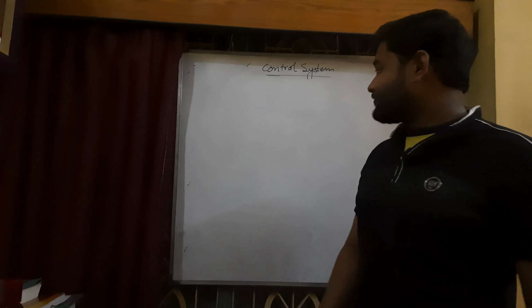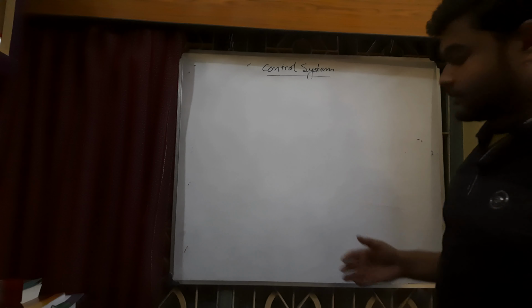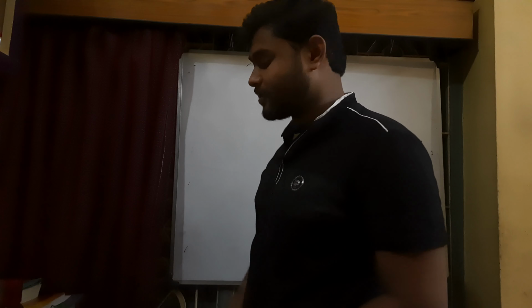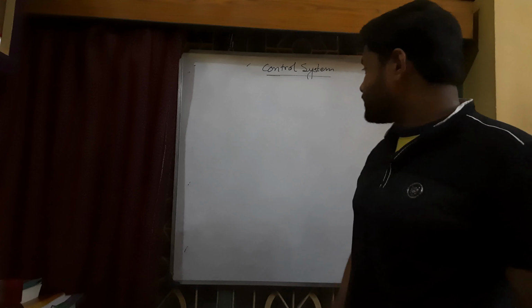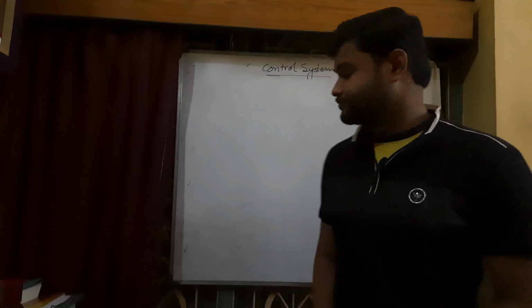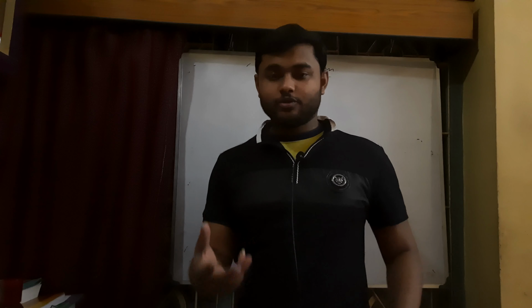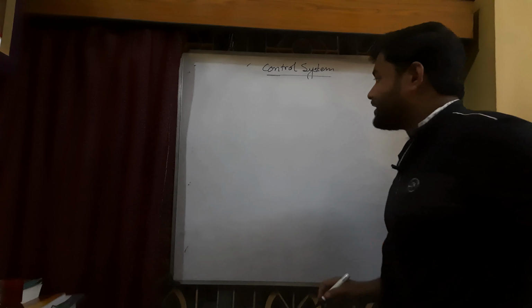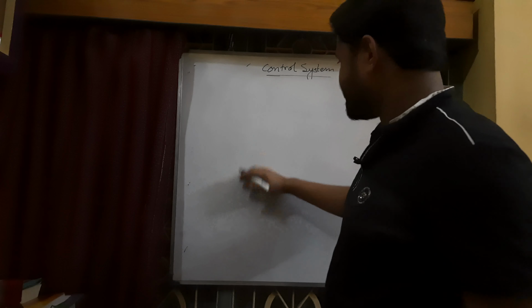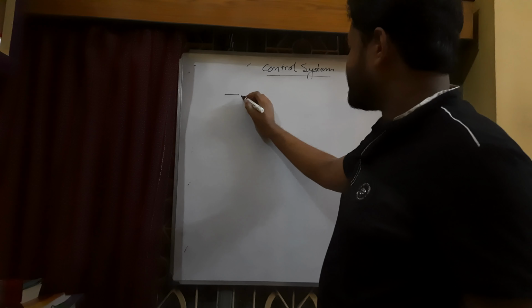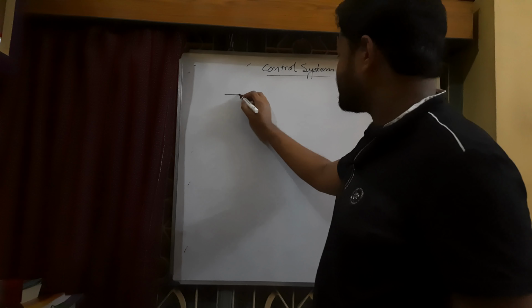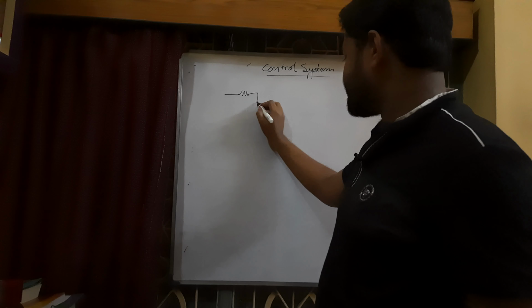Okay, next, after discussing this third form of transfer function, I want to take some example circuits to show you how to solve questions. Let's say I have a series RC circuit.